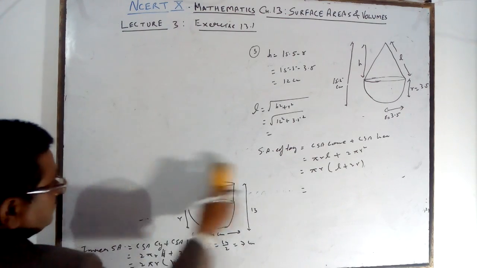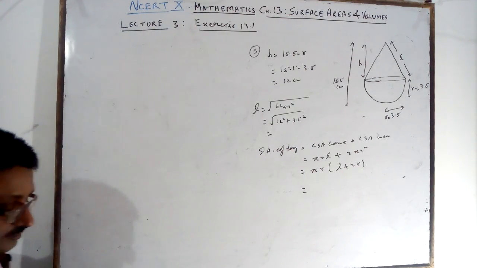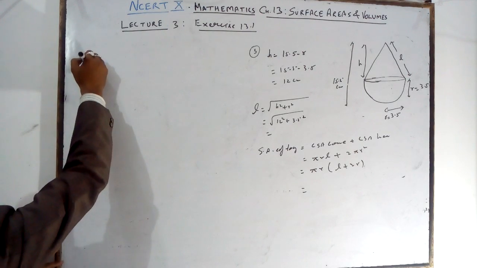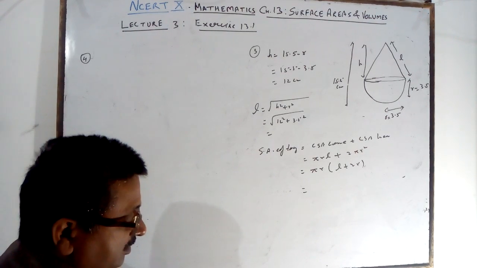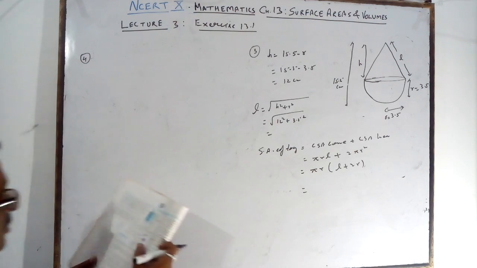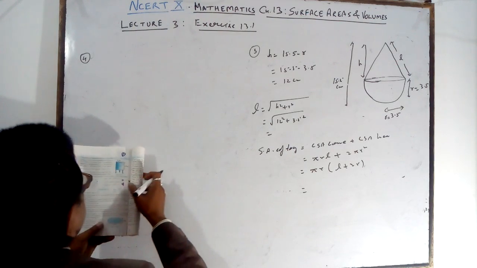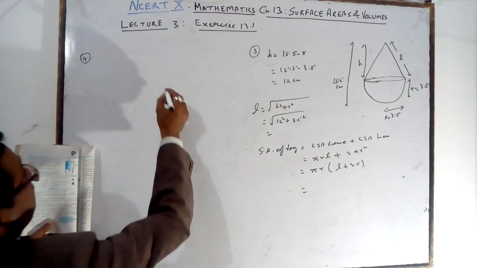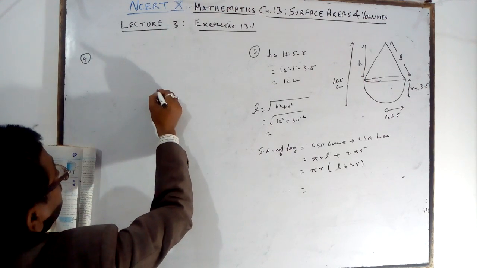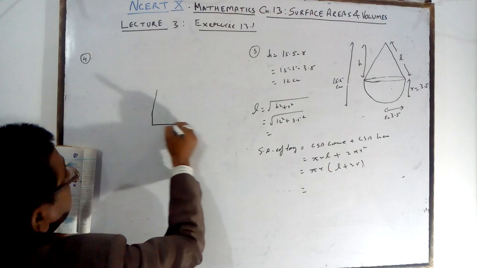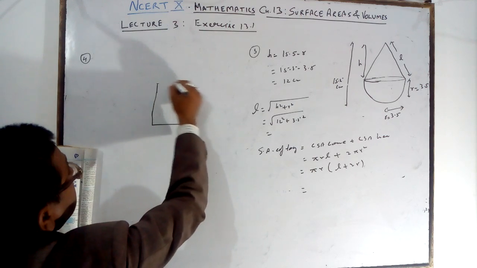Question number 4. What is given? A cubical block of 7 centimeter is surmounted by a hemisphere. That in the example you have seen.